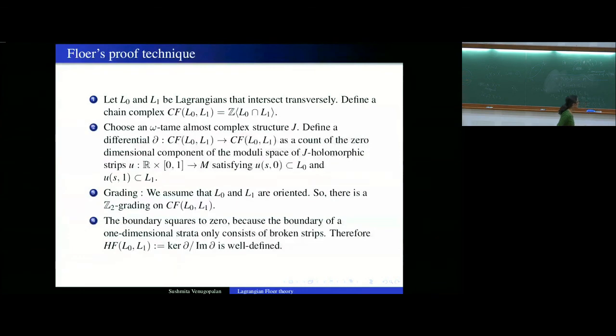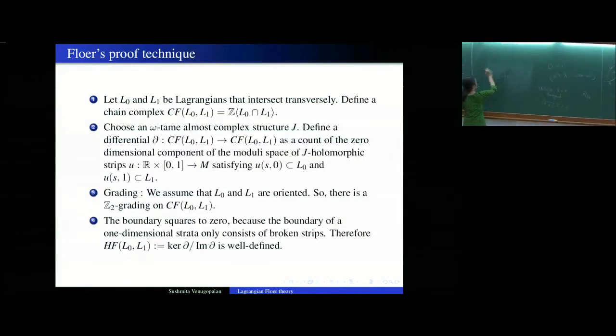And the boundary squares to 0 because, so the picture is, again, I'm just drawing pictures, I'm not giving you proper proofs, very similar to what you saw in Morse theory. If we have a sequence of disks like this, what are the possible configurations that can occur in the limit?